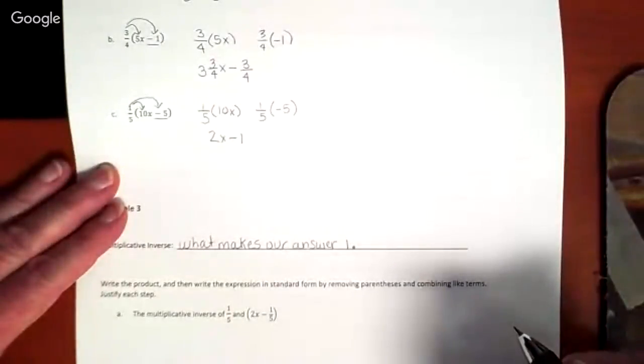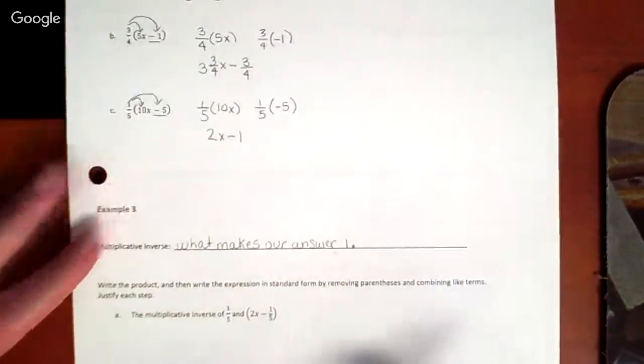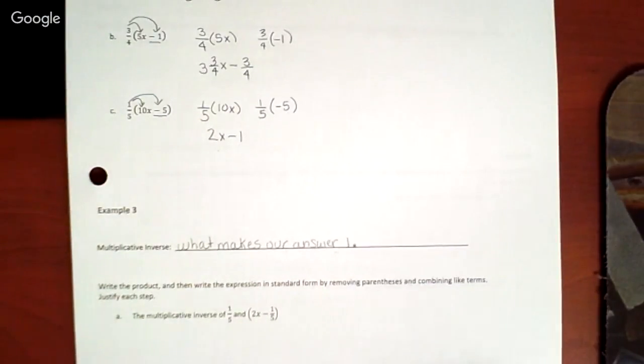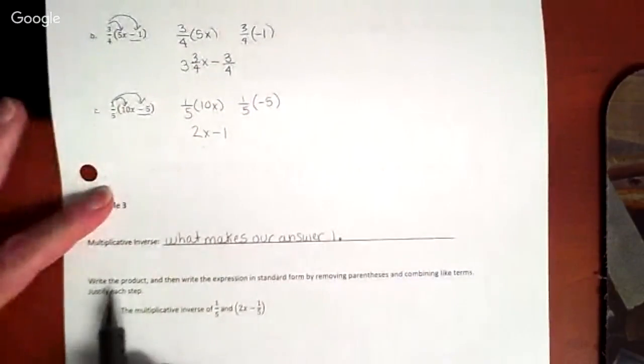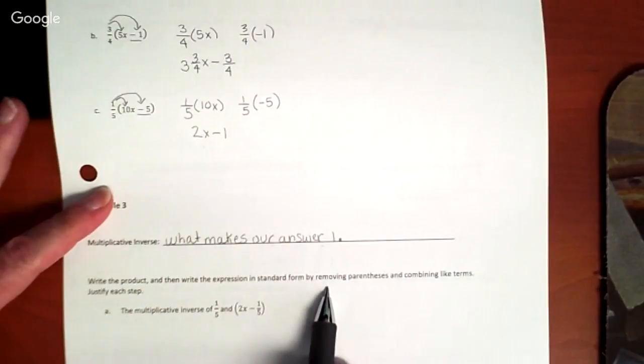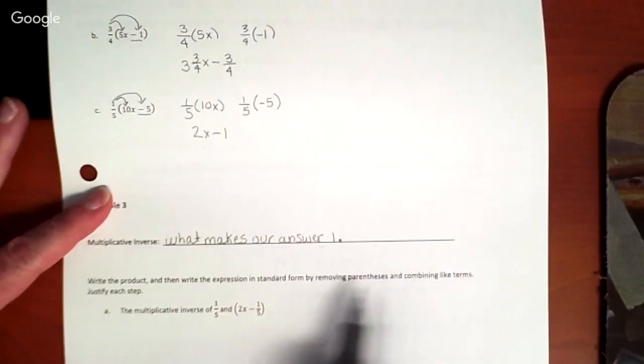For each of the next problems, it says write the product and then write the expression in standard form by removing the parentheses and combining like terms. Justify each step.